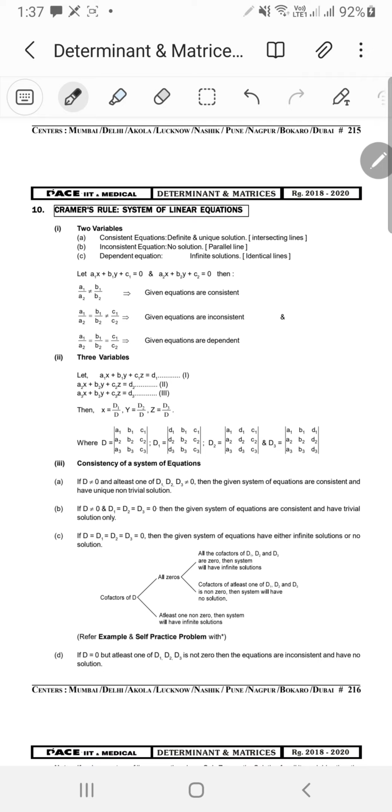Inconsistent. Okay, that's not a big problem for 3 variables. So for 3 variables, x is d1 upon d, y is d2 upon d, and z is d3 upon d. What is this d1, d2, d3? So it's these. Okay, fine. Okay, not bad.